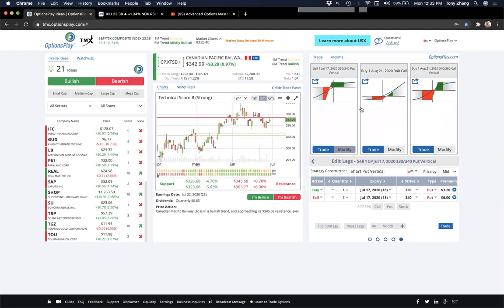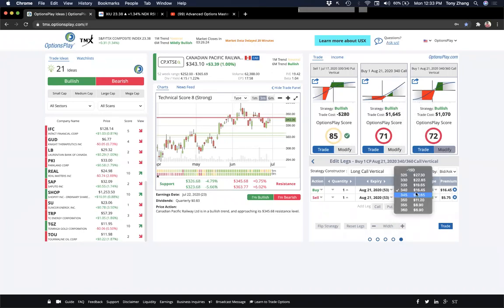Because as you can see here, if I bought a call option, it would cost me $16.45. And based on the OptionsPlay score, that's telling me that these calls are fairly expensive. And when I trade the vertical here, it doesn't get much better. And partially that's because in this particular case, they don't list any strikes above 360, which is challenging if I can't find the strikes that I'm looking for. So that's one of the challenges.